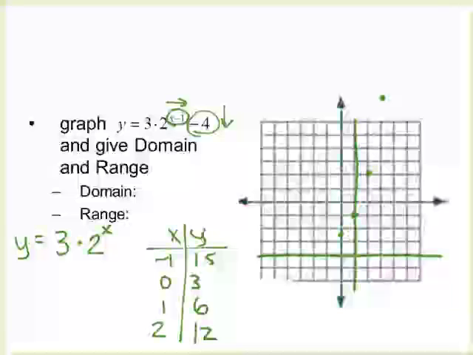So when we plot our points, we do so from our shifted lines, not from the true origin. Then, instead of our x-axis being our asymptote, because that would look kind of weird here, our asymptote is going to be that shifted horizontal line. But we will still have an asymptote, so you should still approach that line but not cross it.